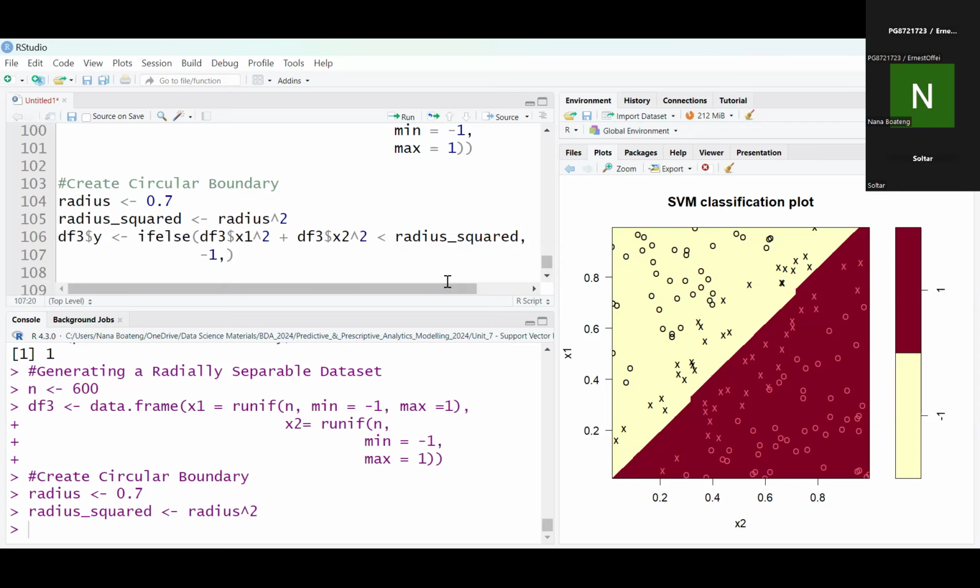If it is above, then 1. And remember that this negative 1 and 1, we are factoring it. So let's wrap all this in a factor.